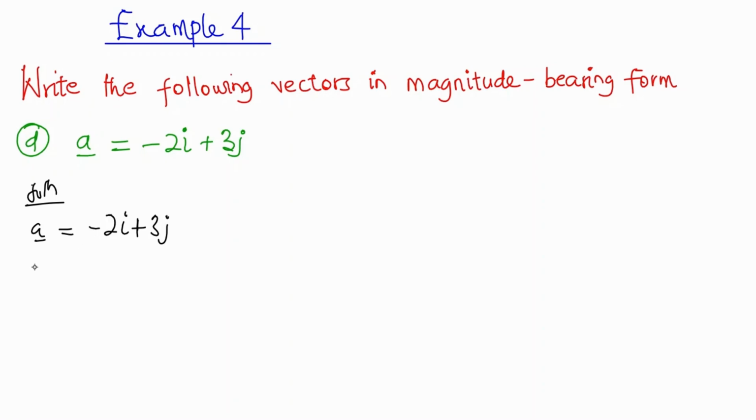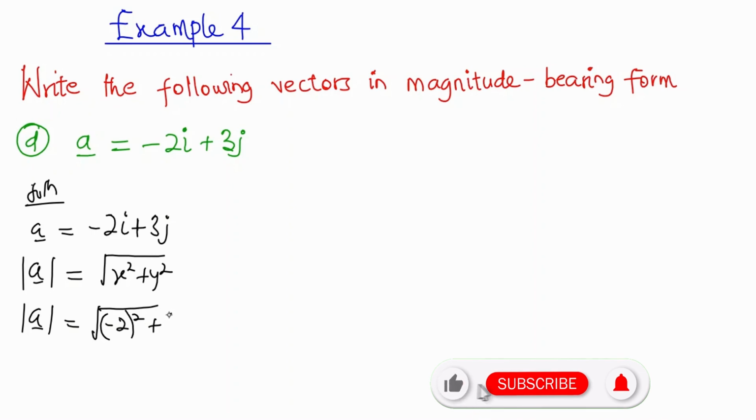And we are saying that the magnitude of A is equal to the square root of x squared plus y squared. So our magnitude of A is equal to the square root of -2 all squared plus 3 all squared.